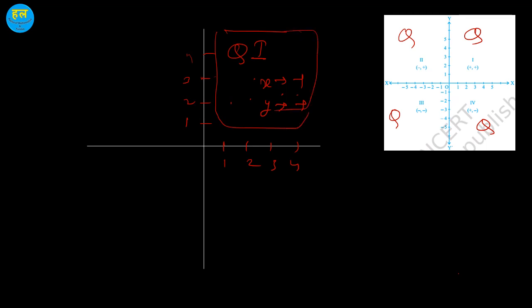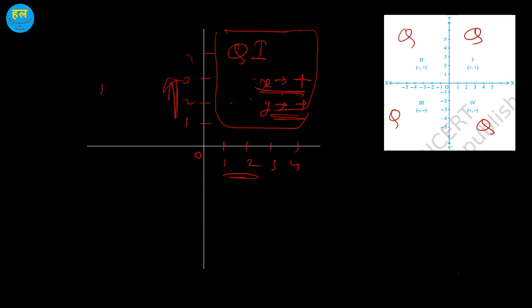All the points that lie on the first quadrant will have x as positive and y as positive, because it is on the right hand side of the origin on the x-axis and above the origin on the y-axis. Therefore it is all positive.